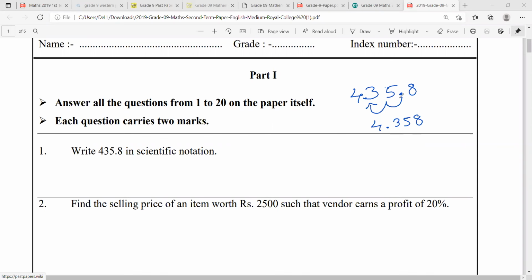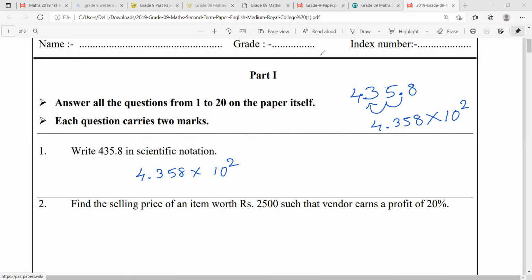You move this to the left side by 2 places, so you have to take it back to the right side. Therefore you multiply by 10 to the power 2. So the answer is 4.358 into 10 to the power 2. This is the answer.